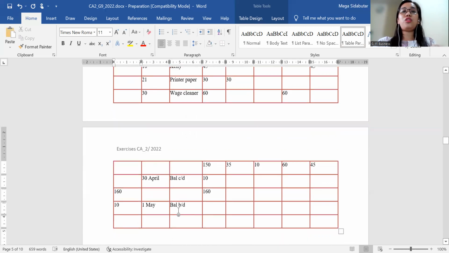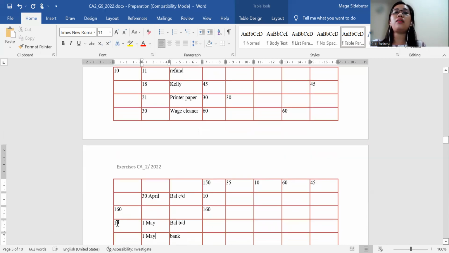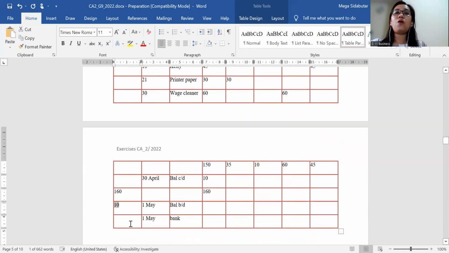And then we put how much will be restored, maybe restored from the bank, on 1st May. Remember that the total money that we need to maintain is 150. We have 10 remaining, so we put 150 minus 10, we restore $140.